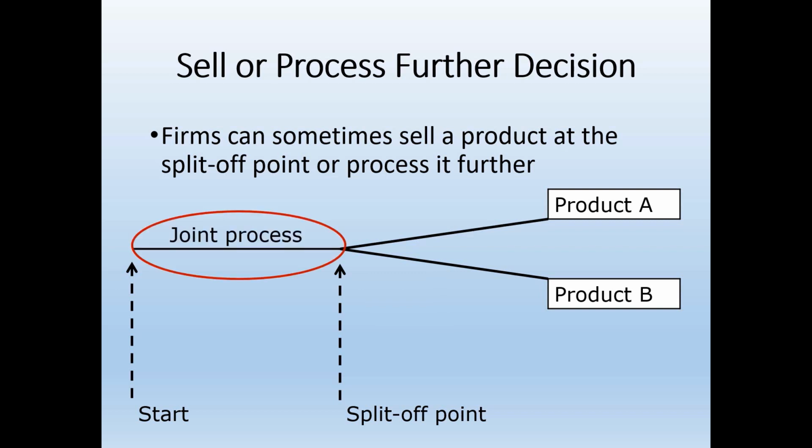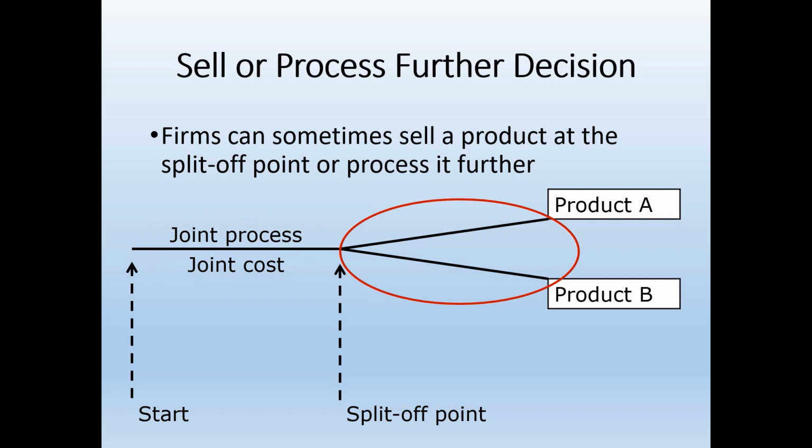All of the activities that the firm did up until that split-off point are called a joint process, and they incur joint costs. But once the firm makes the decision to make apple pies and applesauce, they're going to get incremental revenue because apple pies and applesauce sell for more than apples do.